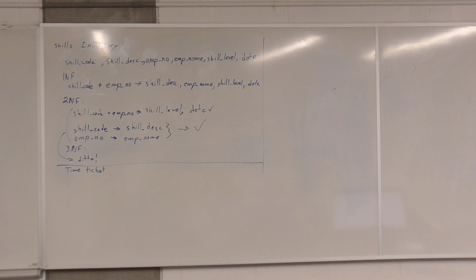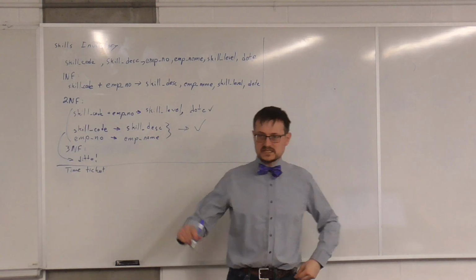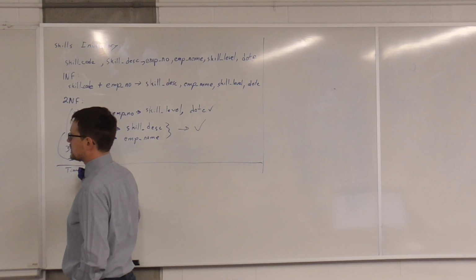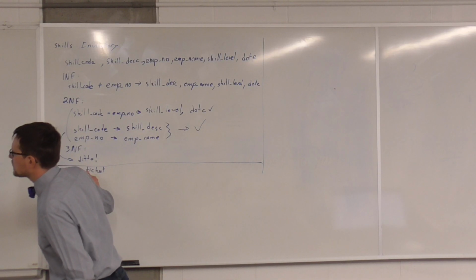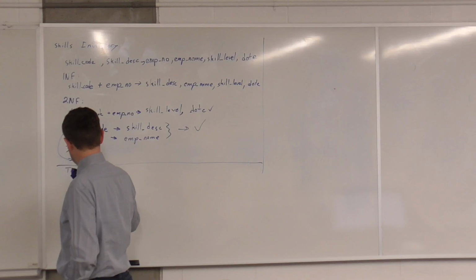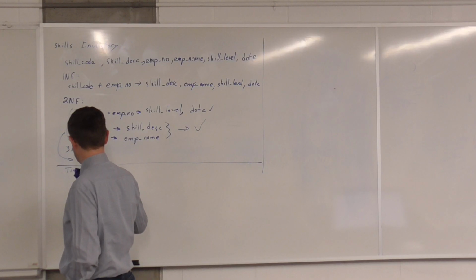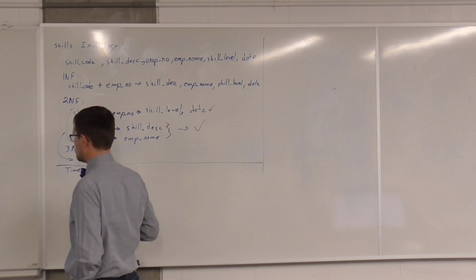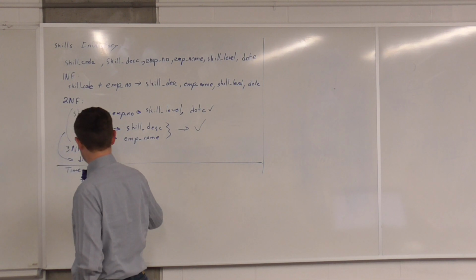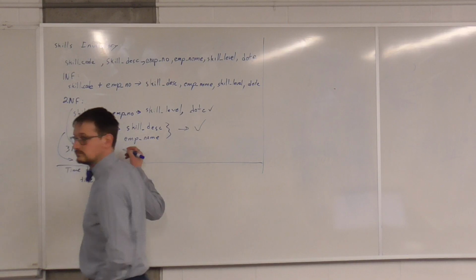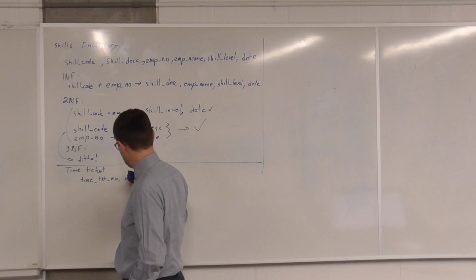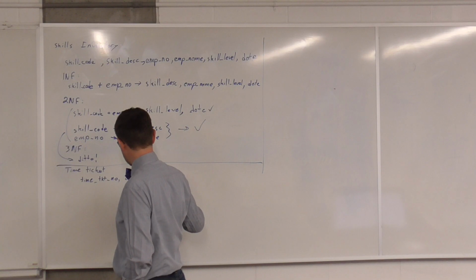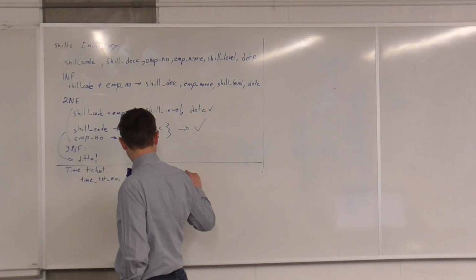So, what are my entities? Time sheet number. Time ticket number. What else? Date, yep, good. Next, employee number, employee name.